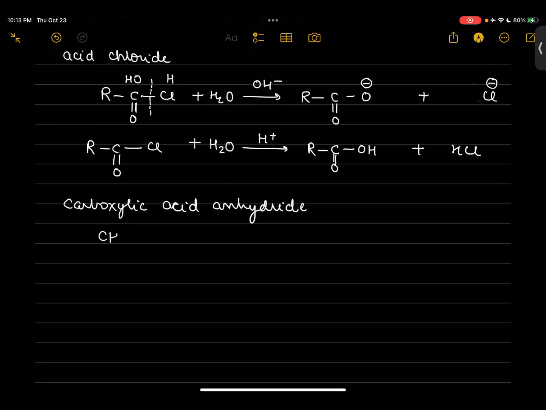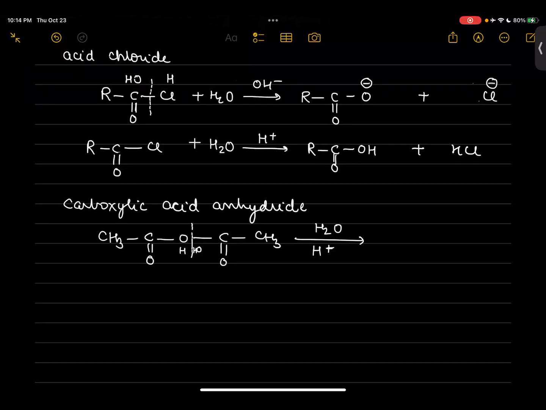So let's say I have taken CH3... then H plus and H2O. Simply water will take a long time, so you take H plus or OH minus as the catalyst, as I mentioned above also. So you can break this C-O bond, put hydrogen on oxygen and OH on the other side of it.